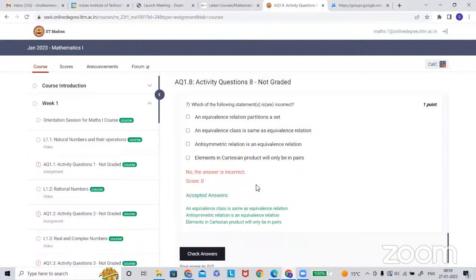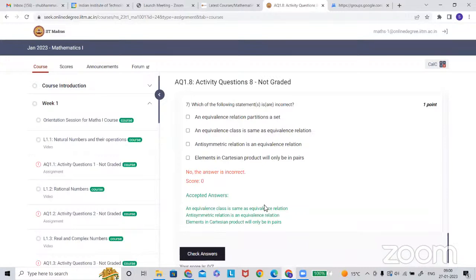Okay. Sir, can you please explain the second option? An equivalence class is the same as equivalence relation. See, equivalence class is one kind of set. What do you mean by saying the equivalence class is the same as the equivalence relation?